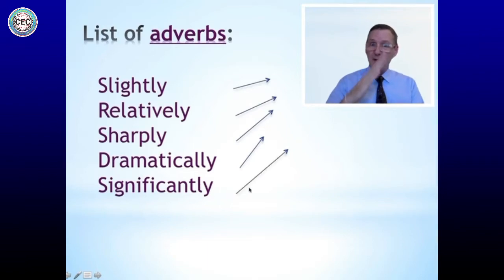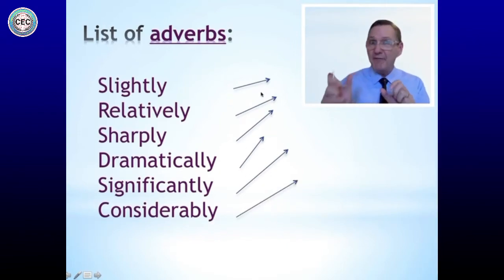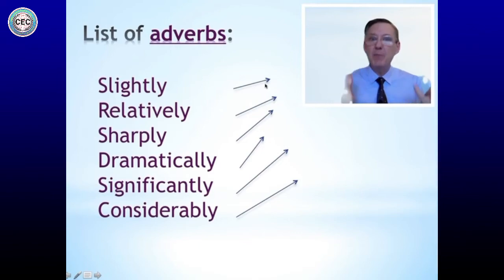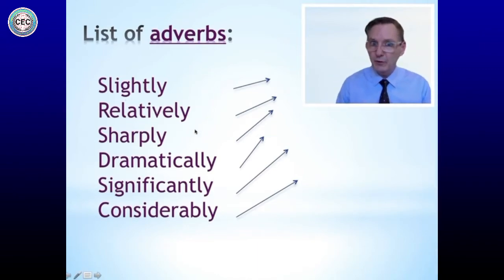Significantly, right? Remember it's usually longer. And considerably. Try to connect the adverb and the symbol. What does it look like in your eye? That will help you, even on a bar graph, to use the word correctly.